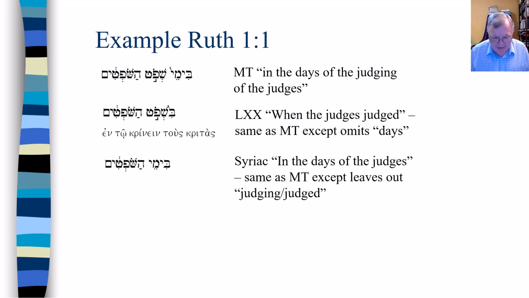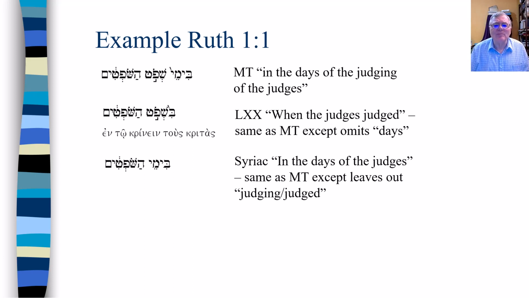Well, let's look at an example of a textual variant. And here I'll use Ruth chapter 1 and verse 1. The Hebrew and the Greek is on the left, and the comments on the right. So the Masoretic text reads Bimei Shafot HaShofatim, in the days of the judging of the judges.